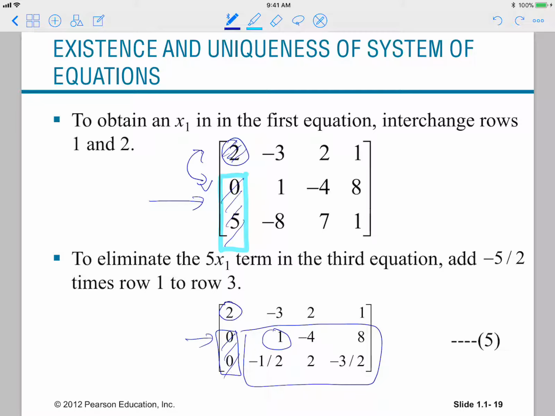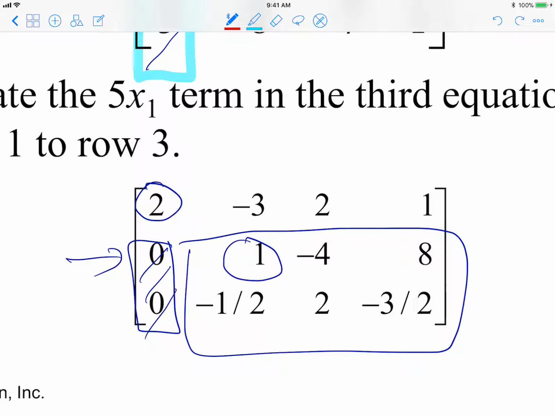But in this case, let me ask one question. What if we happen to have 0 here? What kind of row operations should we do in this case? We consider this smaller linear system, and we always pick up the first variable in the first equation, but this one is 0, right?